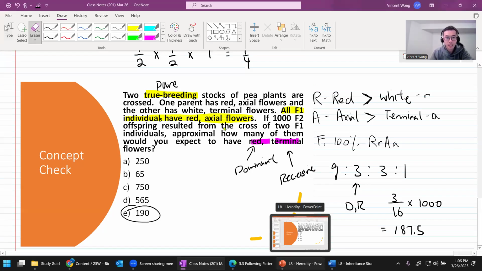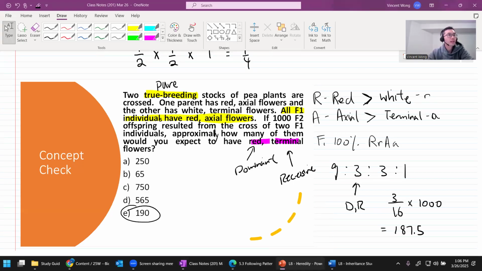Well, so many typos in this question. Approximately. Approximately how many of them? Anybody have any questions? You have to know how to do these. Otherwise, it's going to be very difficult, the quiz.